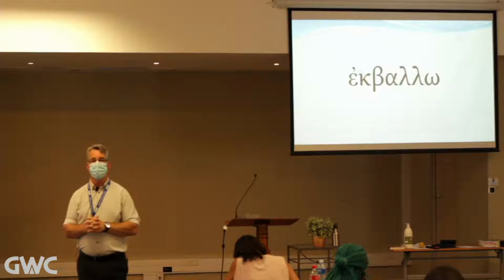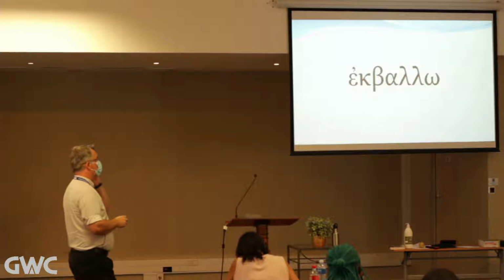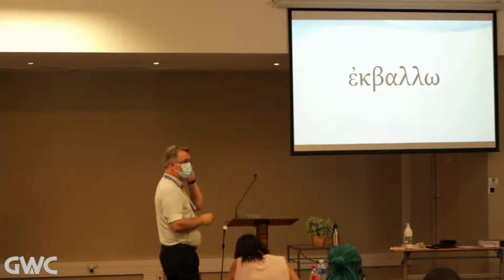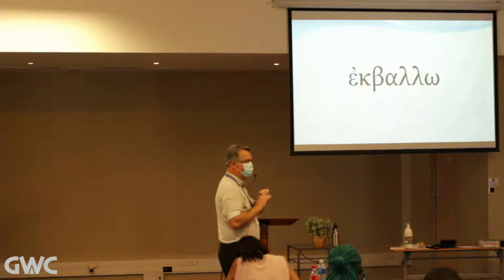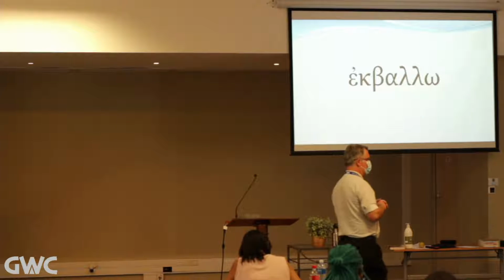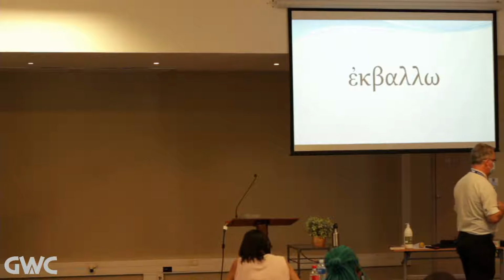You want to have a think about it for a second and try and work it out yourself? What would ekballo be in the imperfect form? Go through those steps. Imagine them in your head. Take the preposition out of the way, shove the augment in at the front, change the ending. Then you've got to apply the rules of elision.